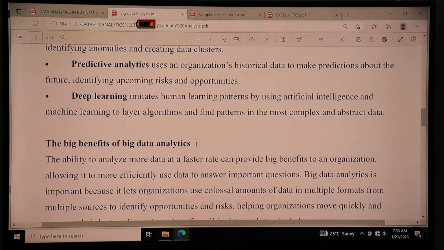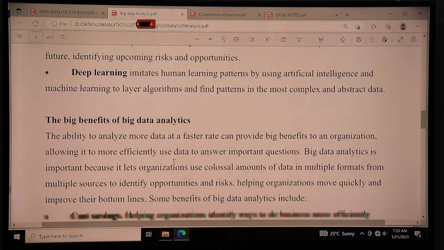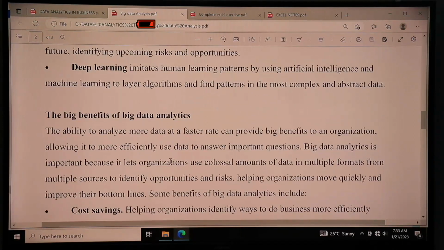Sometimes you are required to get a large volume of data so that you can refine this data and get the specific details that you need for decision making. So that ability to analyze more data at a faster rate can provide big benefit to the organization, allowing it to make more efficient use of data to answer important questions and so on.